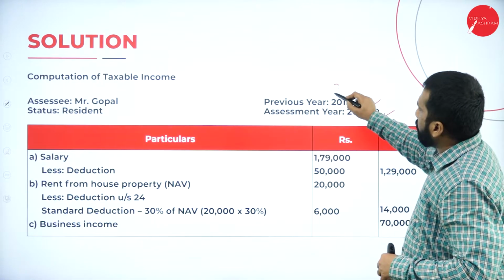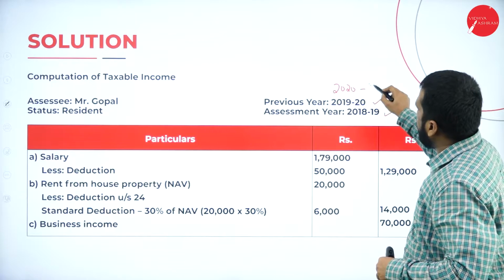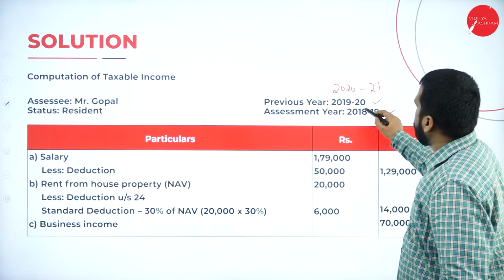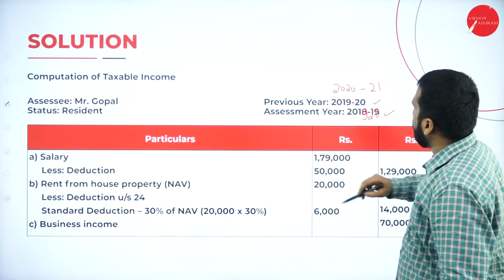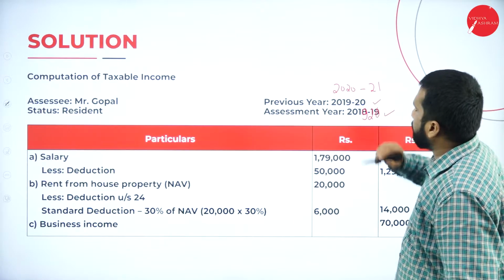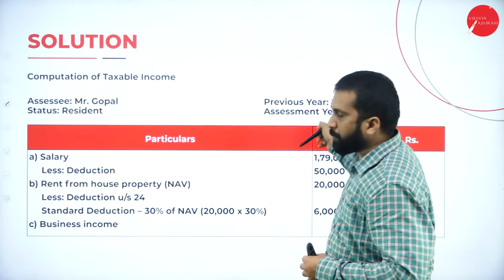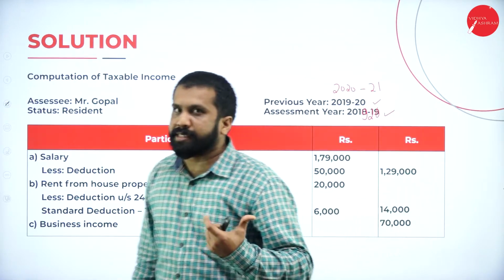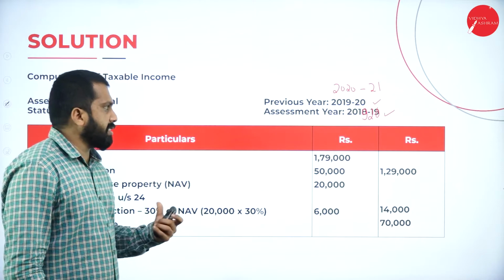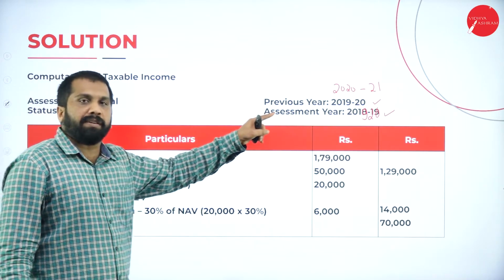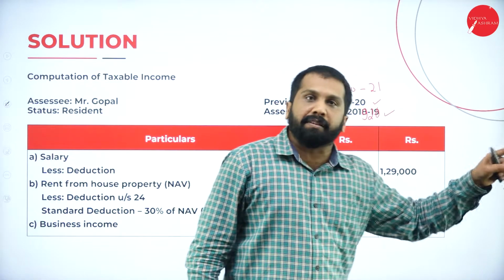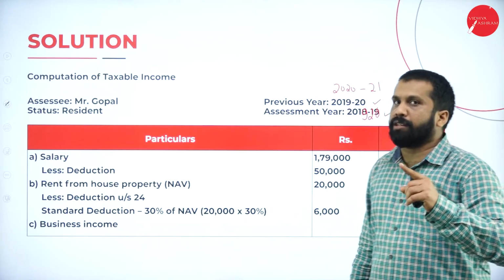Normally it should be what? 2020-21, and it should be 19-20. Why the year is 19-20 is because this is your old question paper, your 2019 question paper problem. That's why the year is that one. But in your examination, you have to make it 2021 as the assessment year and 19-20 as the previous or financial year.